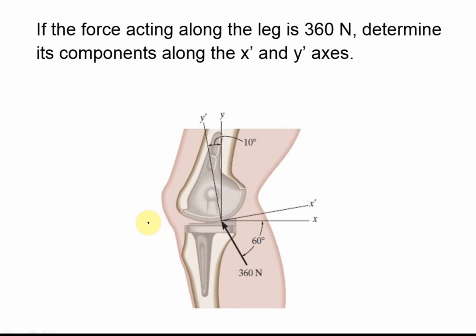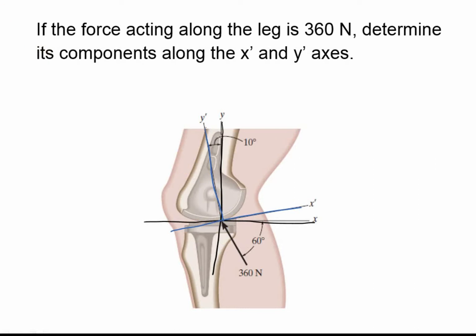Let me draw our original coordinate system. So this is the original coordinate system xy, and then another coordinate system is this one.